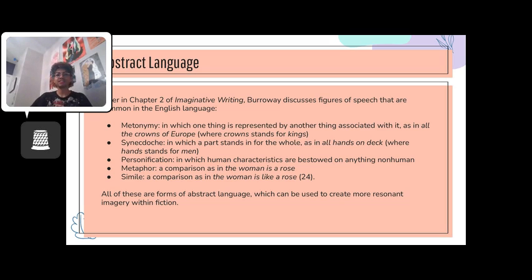So these examples, metonymy, synecdoche, personification, metaphor, and simile, which I have defined on these slides from Chapter 2 of Imaginative Writing. These are all things that you can use to talk about something without necessarily talking about it. This is a way that prose and poetry can even blend.